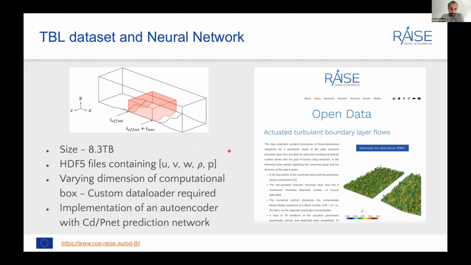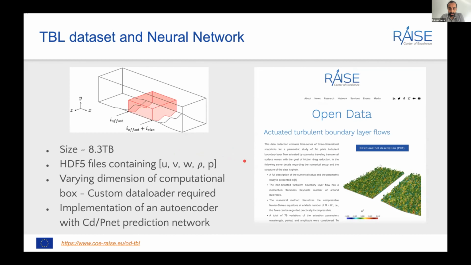As you can see, that's a very large data size, and it's also important to specify that this data has already been published, and it's openly available on the RAISE website. If you would like to play around with it, you are free to have a look there.